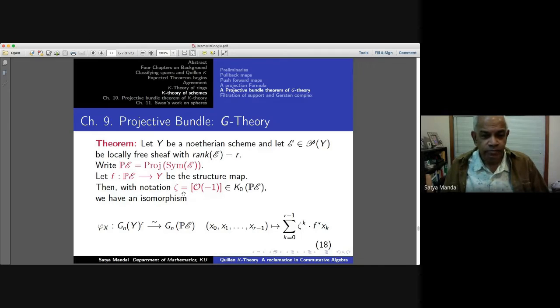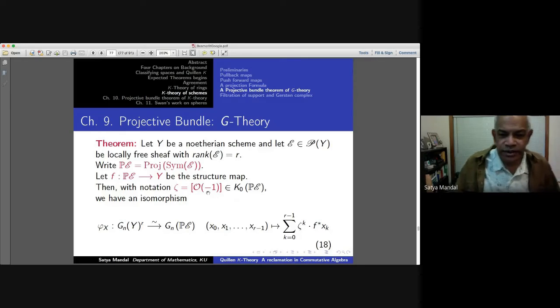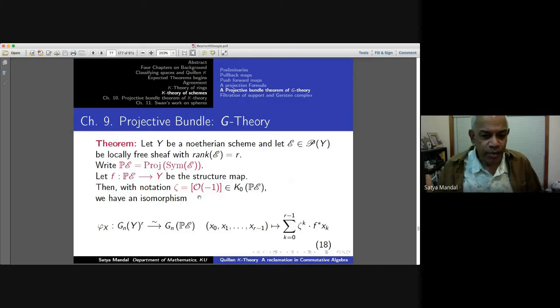P(E) has this canonical line bundle, O(-1), which represents an element ζ in K0 of P(E). Then what happens is that G_n of Y, if you think of this as Spec A, so G_n of A to the power r, where r is the rank, is the same as G_n of P(E).